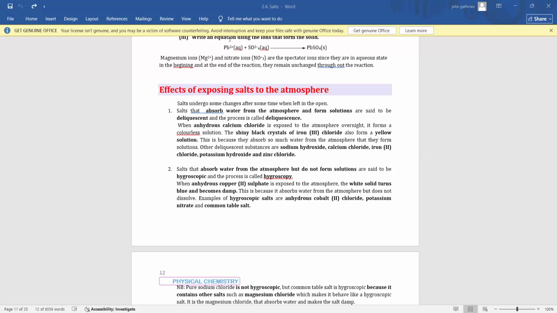In the first question, it is the test for solubility. You add a small amount of each solid to separate test tubes of distilled water.